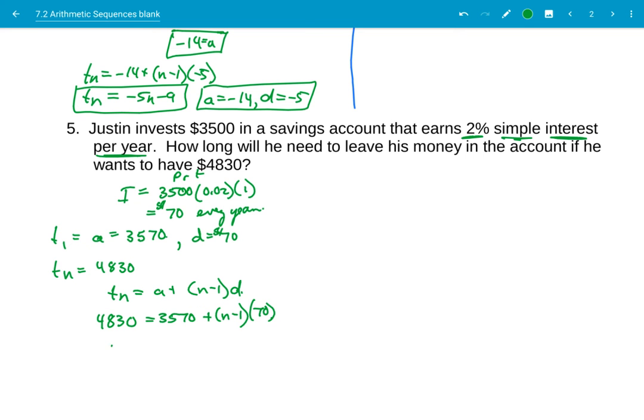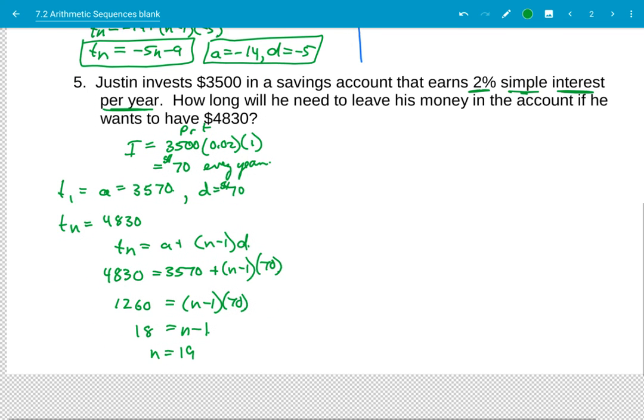I get 1260 is equal to n minus 1 times 70. Divide both sides by 70. I get 18 is n minus 1. And n is equal to 19.